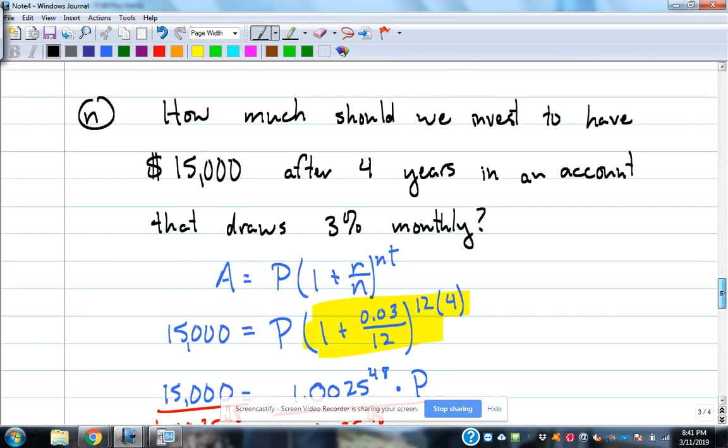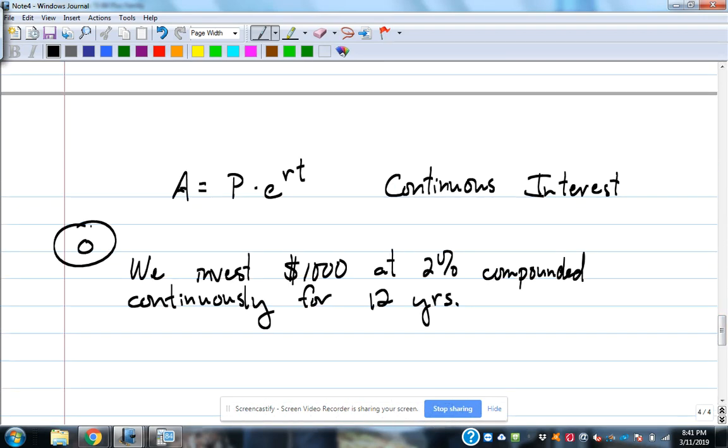So we invest $1,000 at 2% compounded continuously for 12 years.